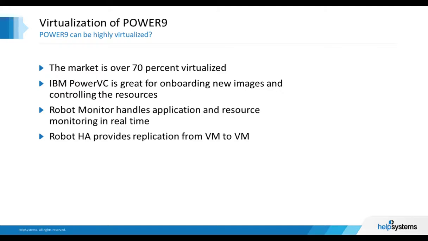And then Robot Monitor can help you get that visibility, however, into those applications and resources in a real-time monitoring aspect across your AIX, IBM i, and BIOS environments. And then PowerHA from Help Systems and Robot HA provide replication for your VMs, being able to go from IBM i partition to IBM i partition. I can replicate my data real time across that environment, either with Robot HA or PowerHA.